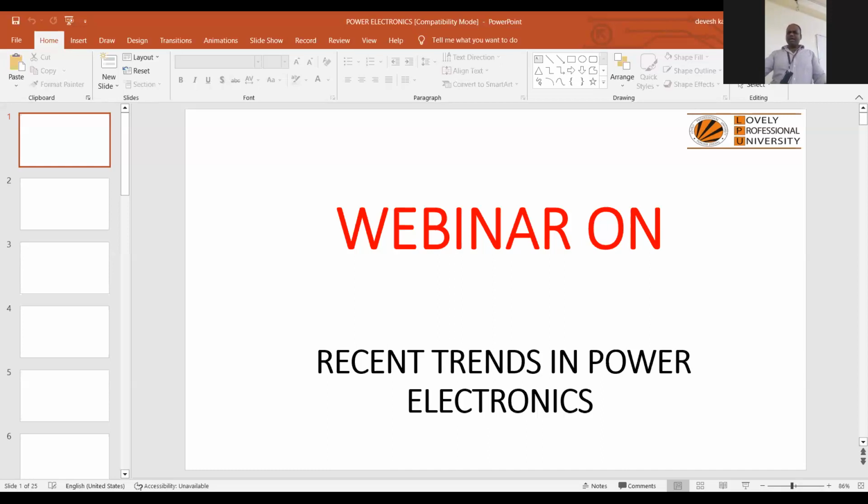It has two conversion processes in the same unit, using various controllers. According to this controller, we can convert from AC to AC, so that AC supply with variable voltage and variable frequency is obtained.